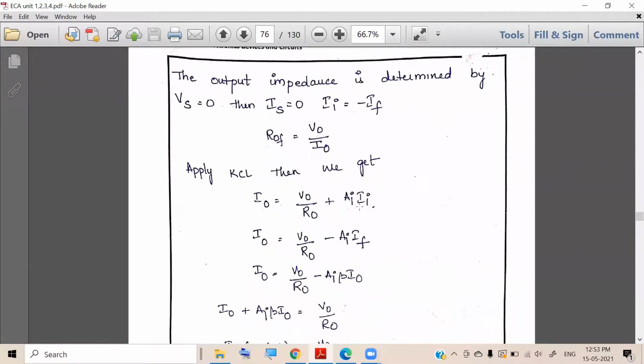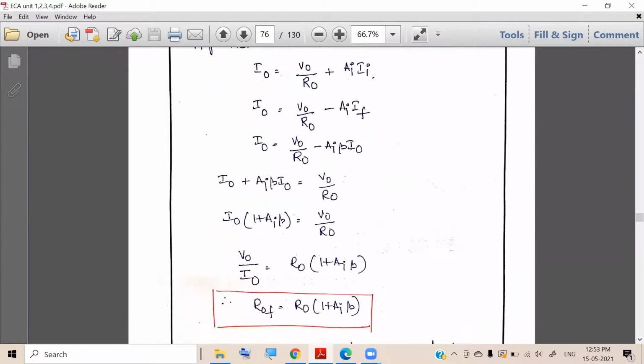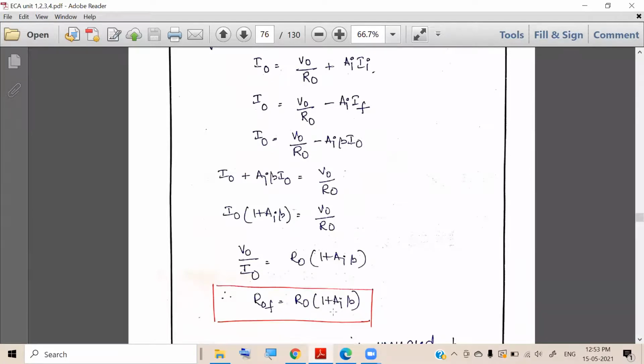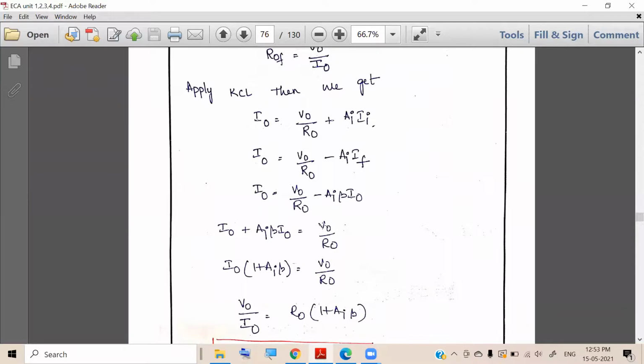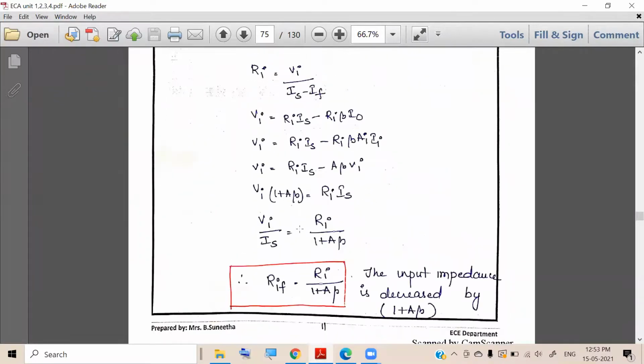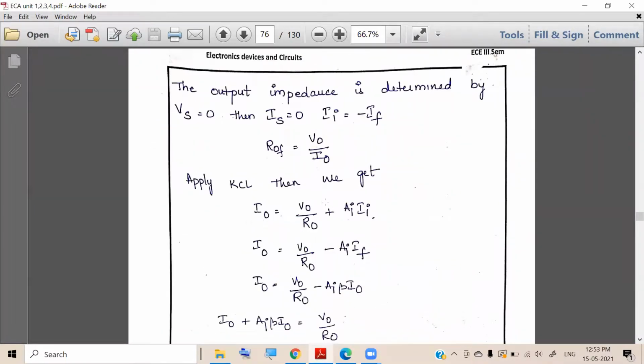Let us see output resistance. Output resistance is increasing by a factor of 1 plus A beta. As discussed, output resistance is increasing, input resistance is decreasing. Let us see this last derivation of output resistance.